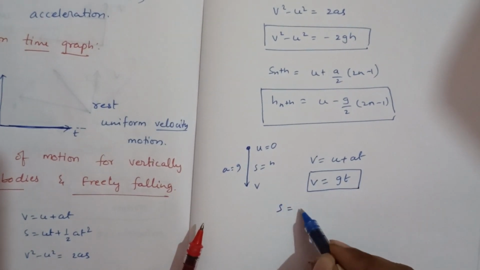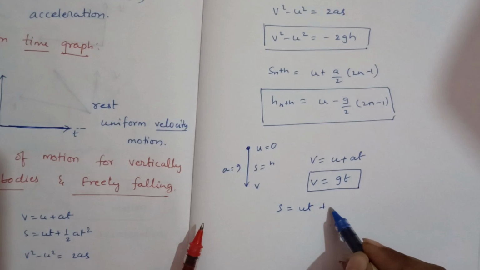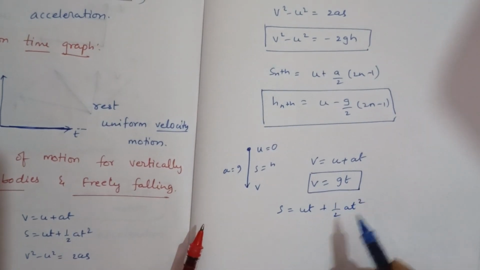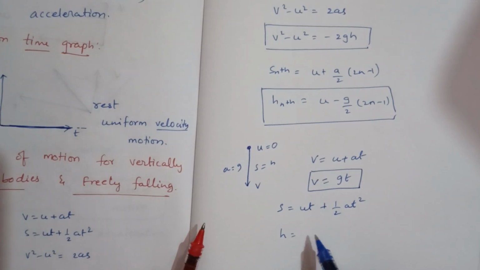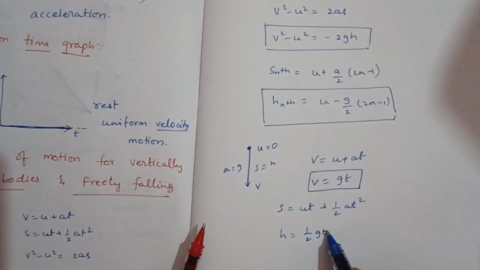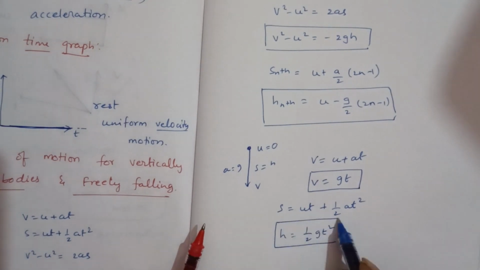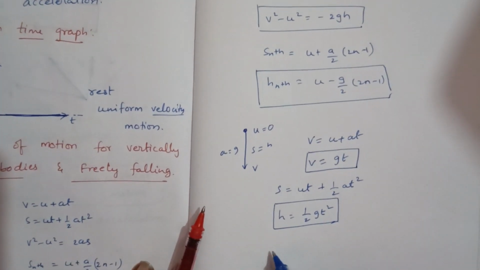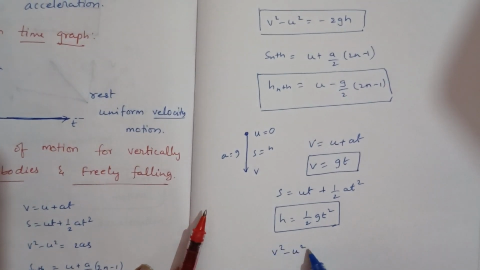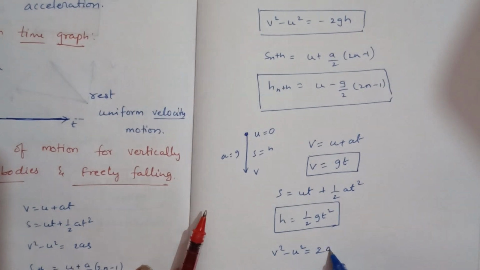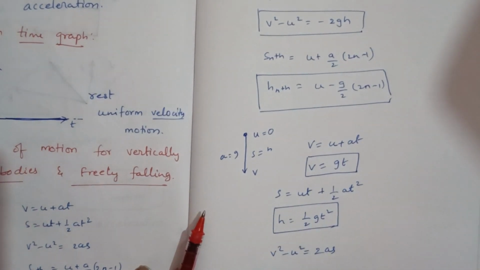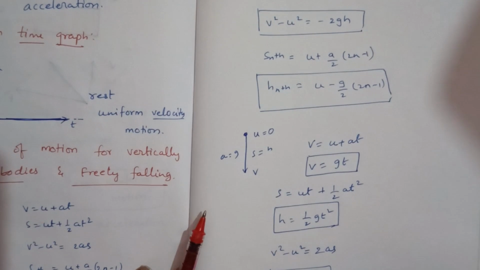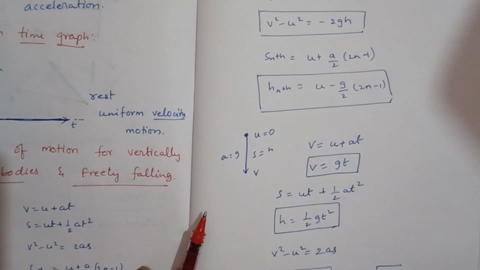Second equation, s equal to ut plus half at square: s becomes h, u is 0, so h equal to half gt square. Third equation, v square minus u square equal to 2as: u is 0, so v square equal to 2gh. From this we can write v equal to root 2gh.